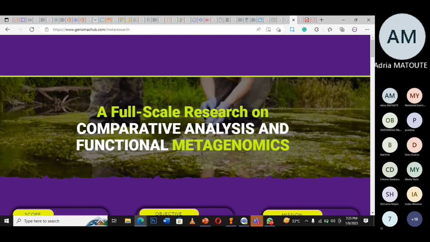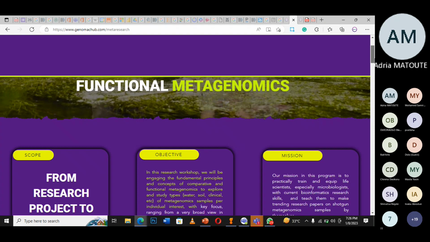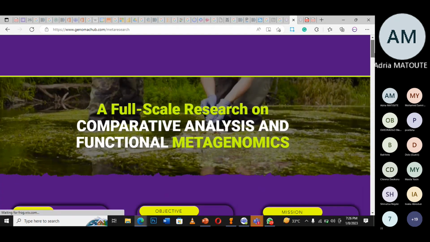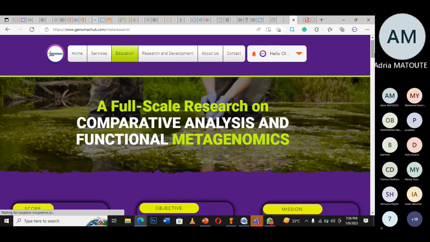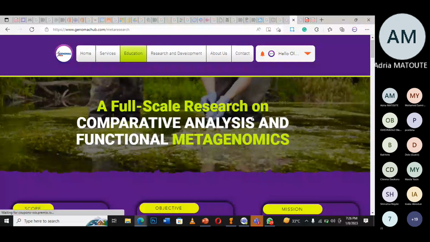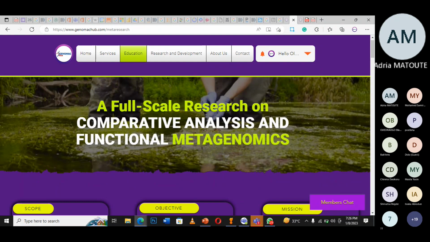Full-scale research on comparative analysis and functional metagenomics. Have you seen it? Can you see my screen? Okay, so functional metagenomics. You said that the 120 only is for what? It's for full-scale research on comparative analysis and functional metagenomics.